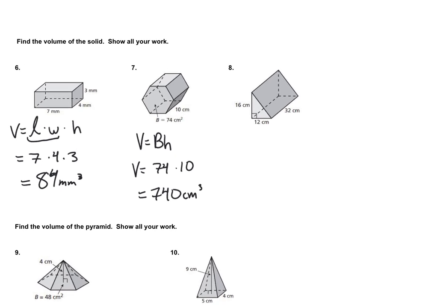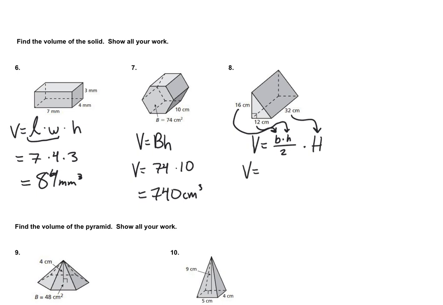For number 8, my base is a triangle, so I need to do base times height of the triangle divided by 2 times the height of the pyramid, right? Where this is my base, 16 is my triangle height, 32 is the height of the prism, the pyramid.